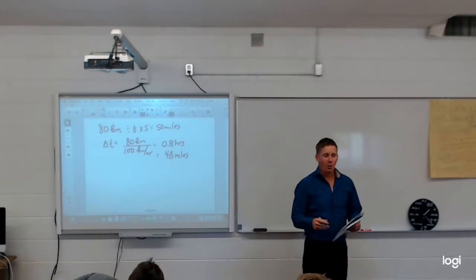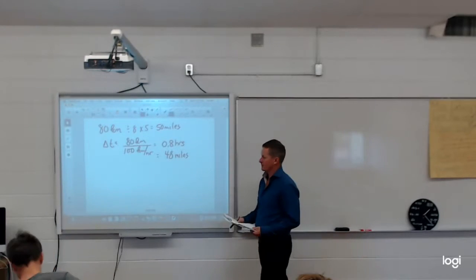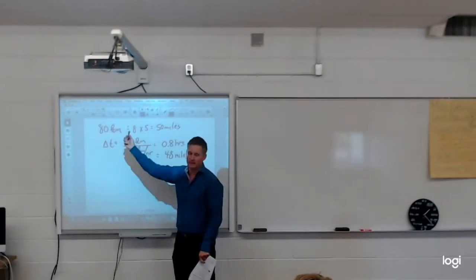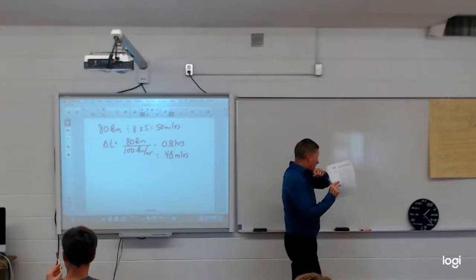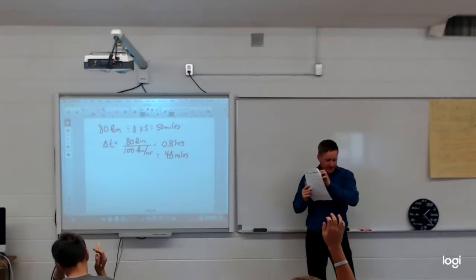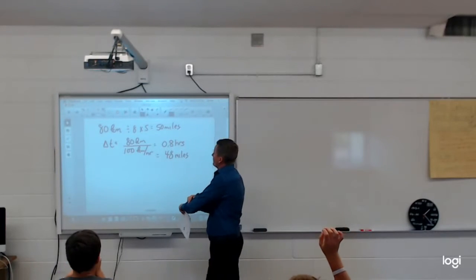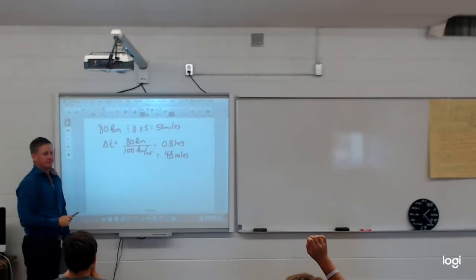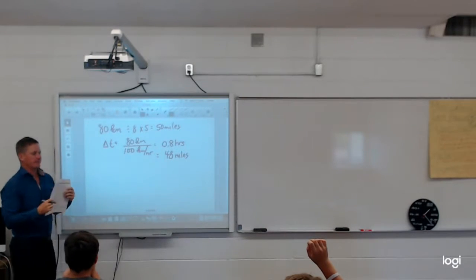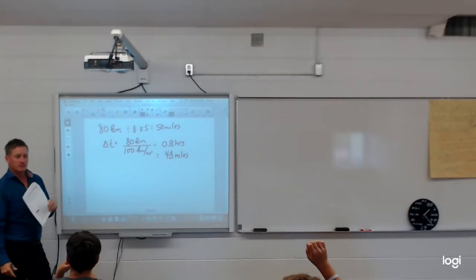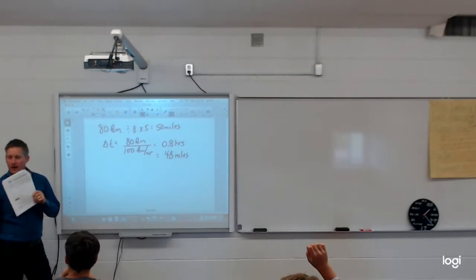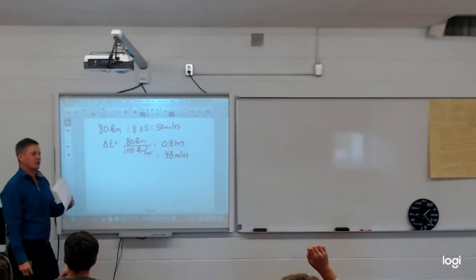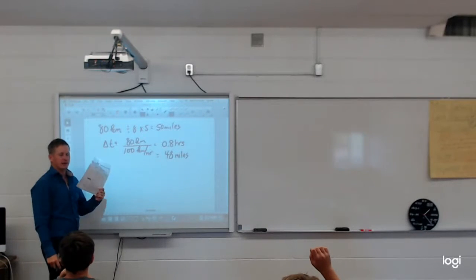What helps is next time you're traveling, take the sign, divide it by 8, times it by 5. It will give you almost as close to an accurate measurement as possible.